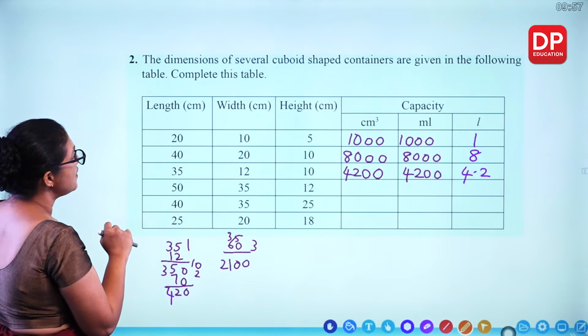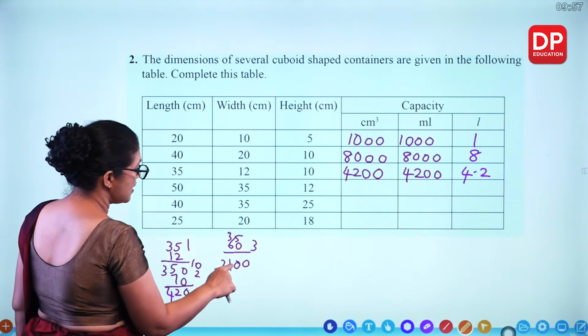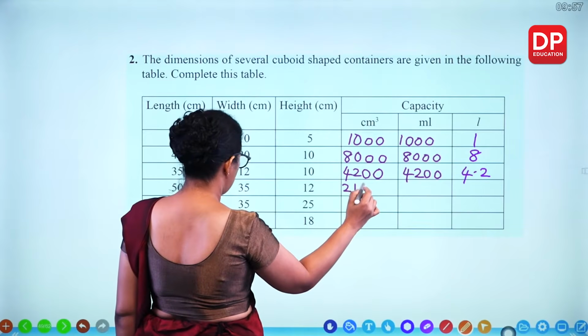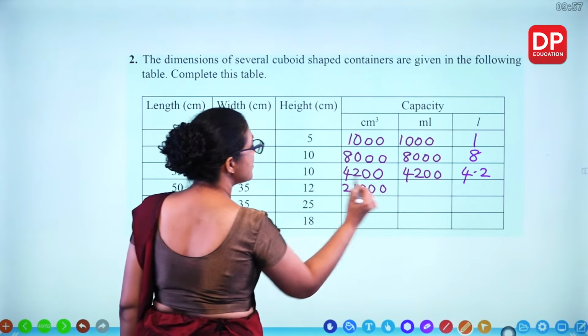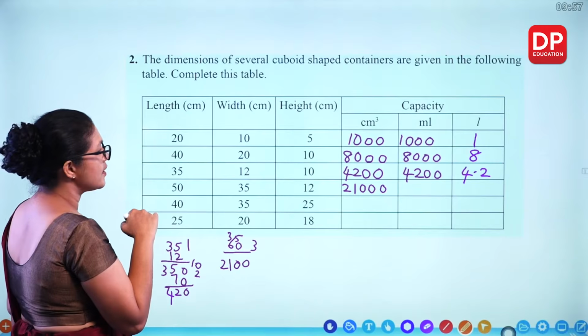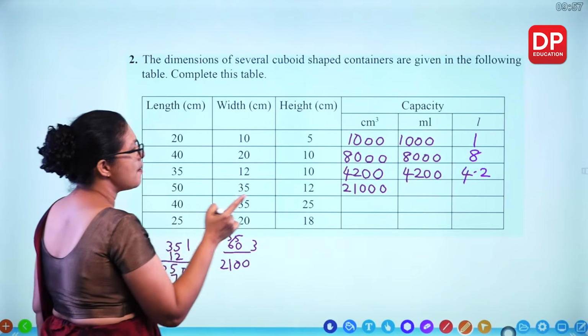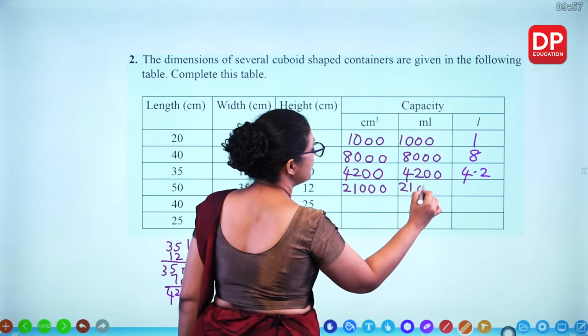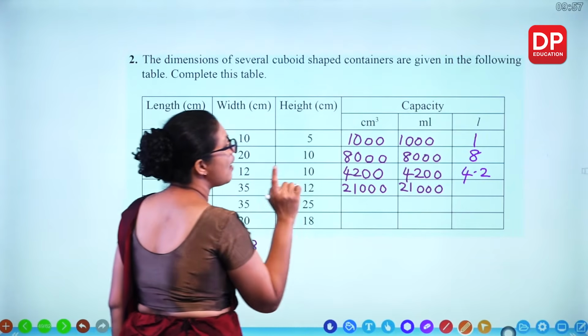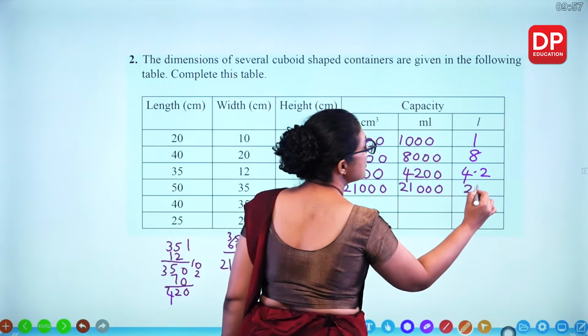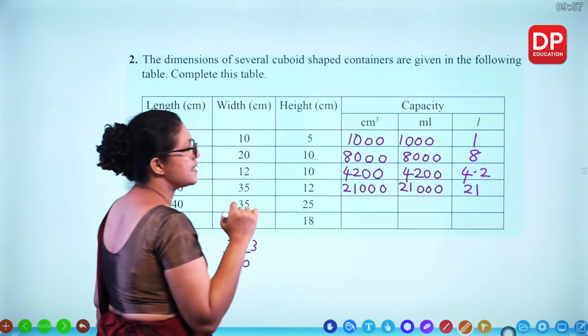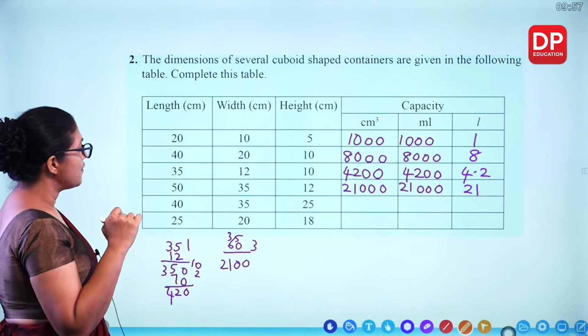So when you put another 0, you get 21,000. So same volume here. And divide by 1000, you get 21 liters. Look at this one.